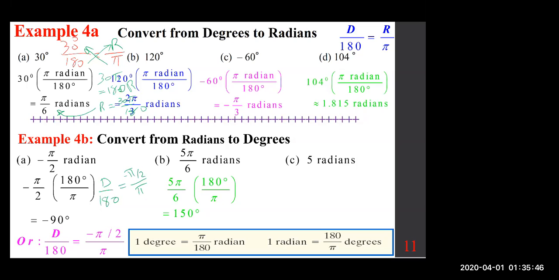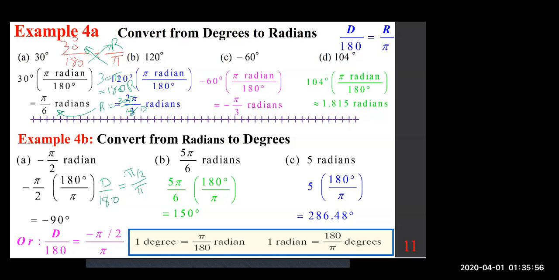All right. Again, you can go through this process and come up with the answer, or you can write it as D over 180 equals R, we know it to be 5 over pi, and you do the cross product.